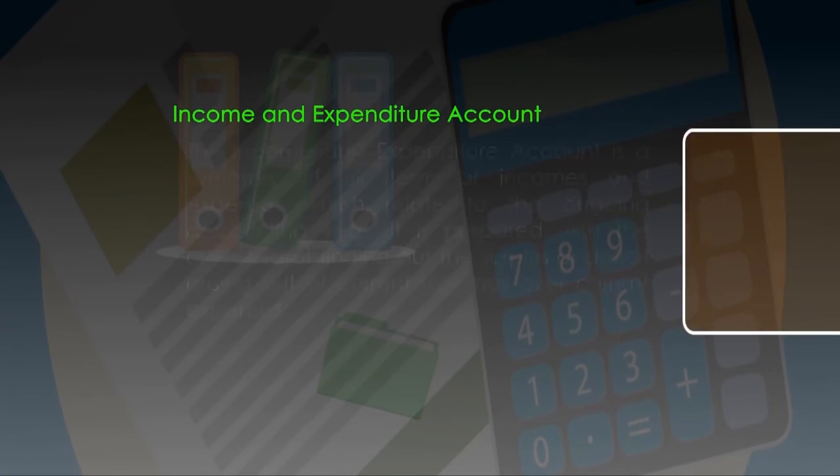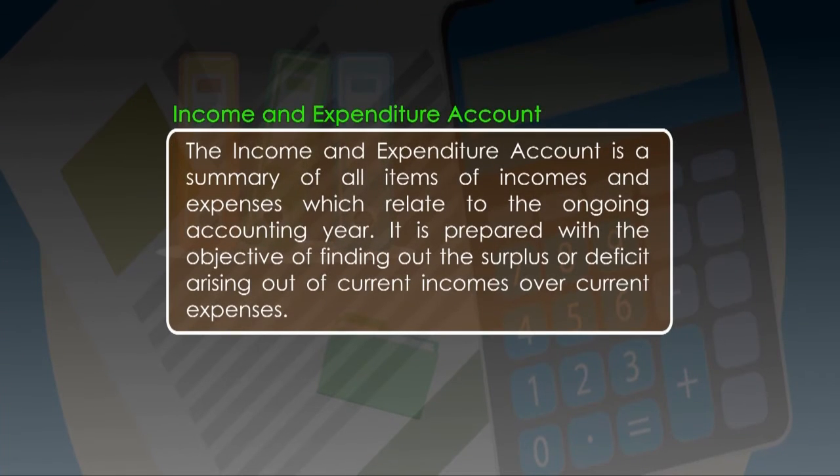Now we have the income and expenditure account. The income and expenditure account is a summary of all items of incomes and expenses which relate to the ongoing accounting year. It is prepared with the objective of finding out the surplus or deficit arising out of current income over current expenses.